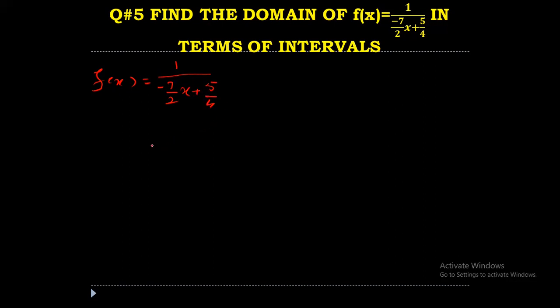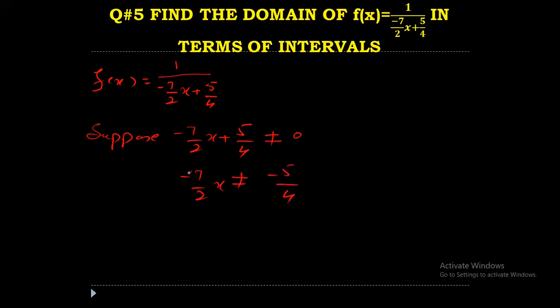So we have to suppose minus 7 over 2x plus 5 over 4 should not be equal to 0. Minus 7 over 2x should not be equal to minus 5 over 4. Minus is cancelled by minus.